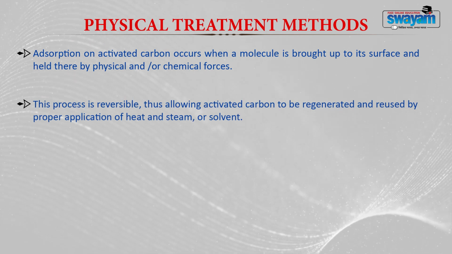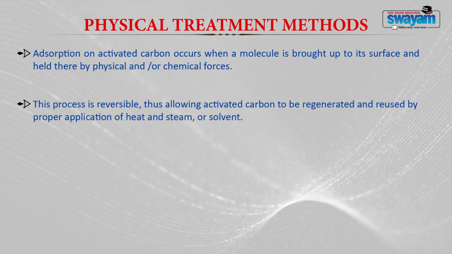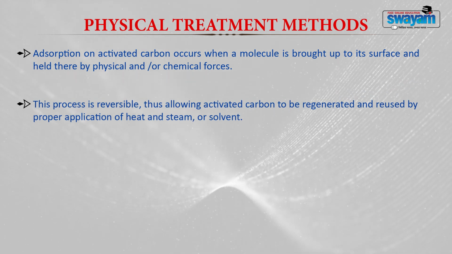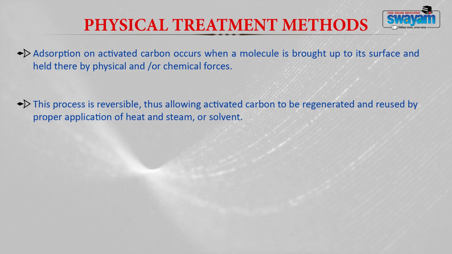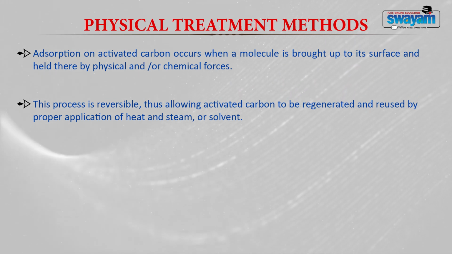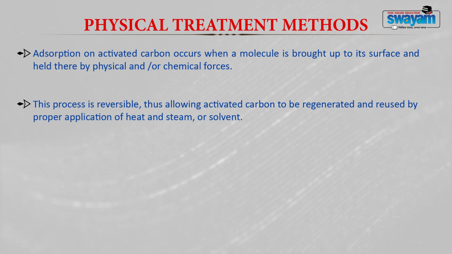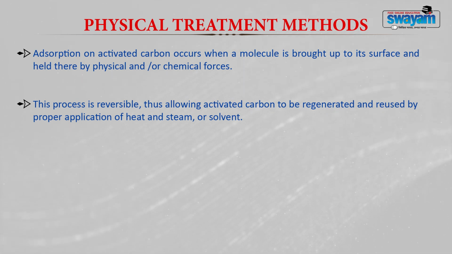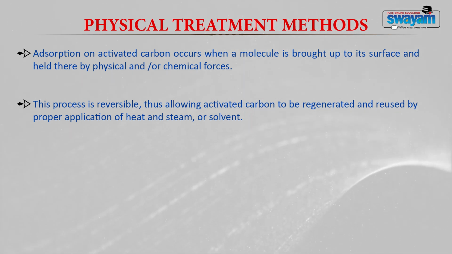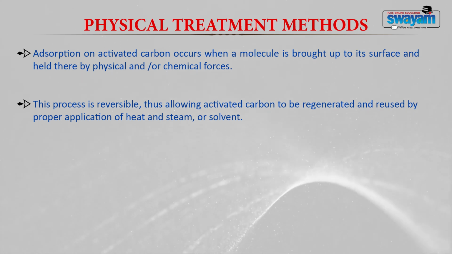Now, this process is generally reversible and you can regenerate the material which you are using. Like the activated carbon which is used as an adsorbent can be reused by applying different treatments and you can reuse it again. These treatments would be heat, steam or solvent treatment.